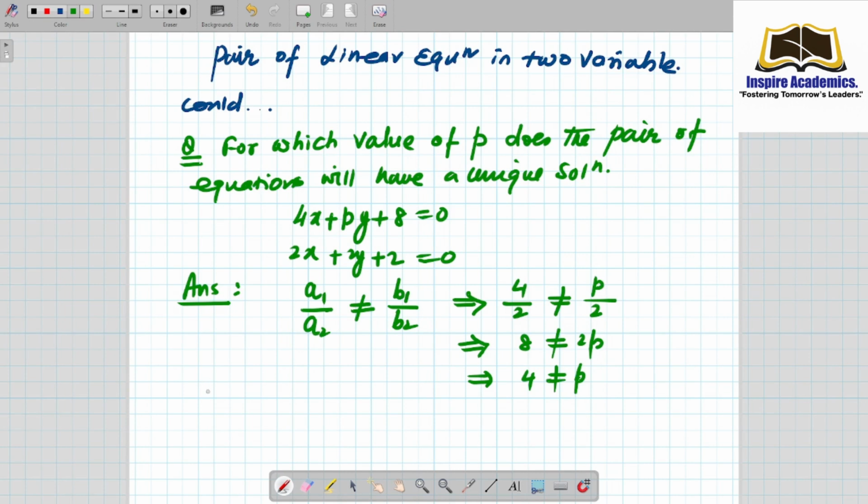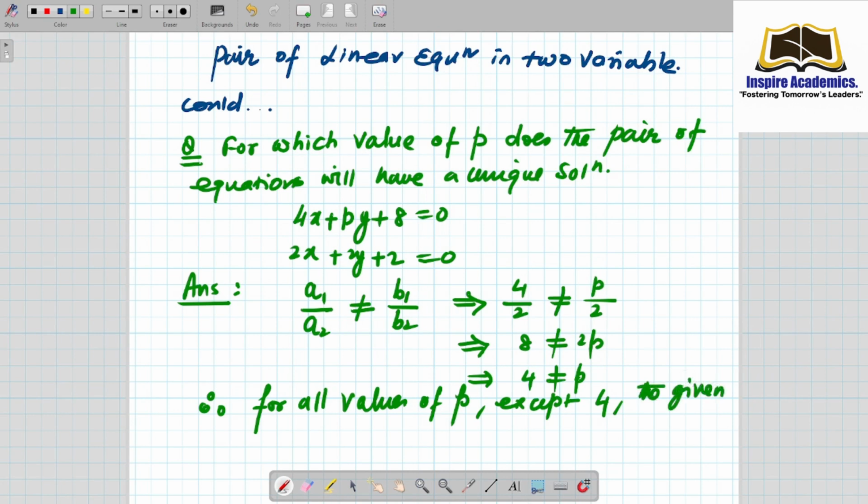So we can say that therefore for all values of p except for 4, the given pair of equations will have a unique solution.